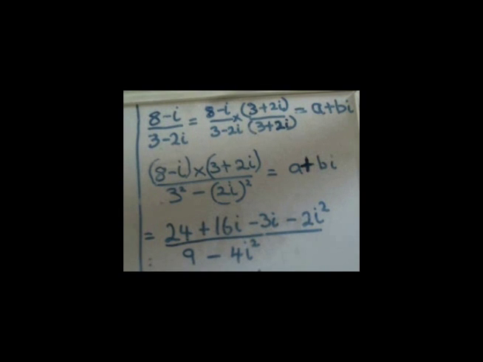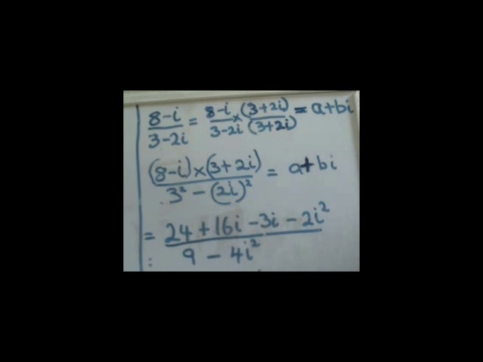Remember that what we want to do is to represent this expression in the form a plus bi. So in between here, we are trying to make use of the conjugate term that we expressed earlier on.